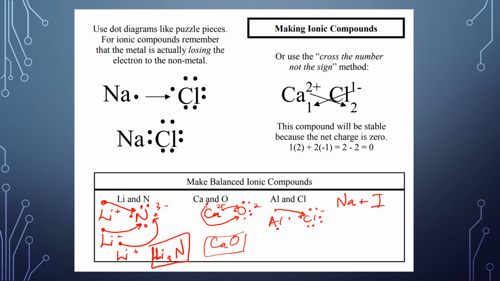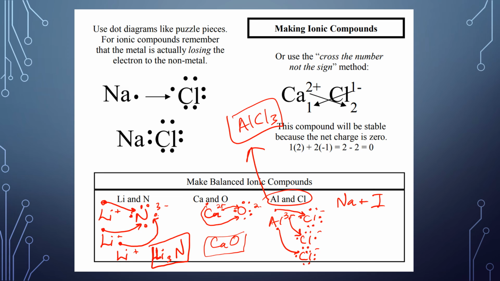So I have to add 2 more chlorines to get rid of those 2 electrons that are on that aluminum. So I'm going to steal this and steal that. Chlorines gain 1 electron each, so it's 1 minus. Aluminum lost 3 electrons, so it's 3 plus. So the compound of this, like before, is AlCl3.